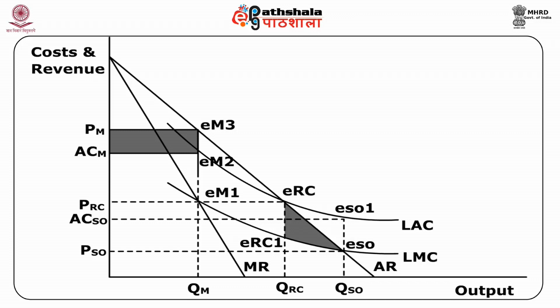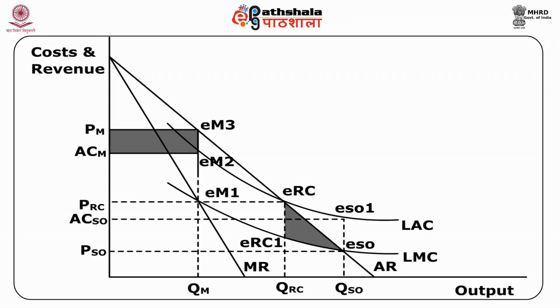However, the price PRC is still greater than the marginal cost of producing this level of output. Hence, even this level of output leads to a welfare loss to society equal to the triangular region ERC, ERC1, ESO. The socially optimum output is where P is equal to MC, or QSO.